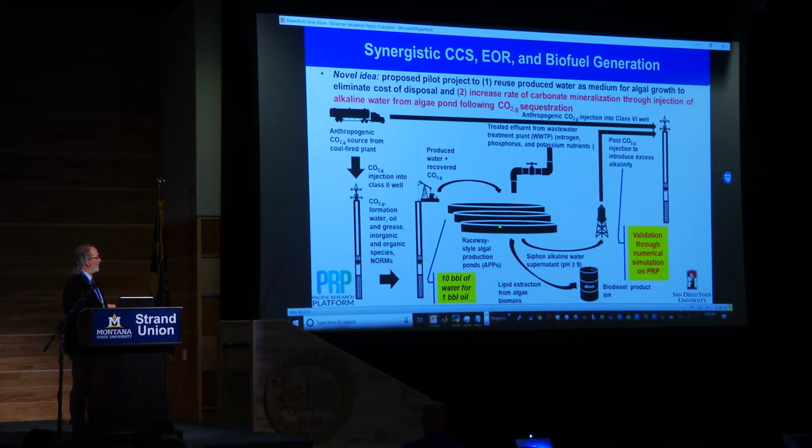And if we can siphon that highly alkaline water off and store it, then after we inject CO2 into the subsurface for sequestration, we can take that highly alkaline water and inject it and see if that can increase the rate of mineralization. I want to show that through numerical simulation, and we want to run that simulation on the PRP network. So we're going to validate this process through simulation on the PRP network.